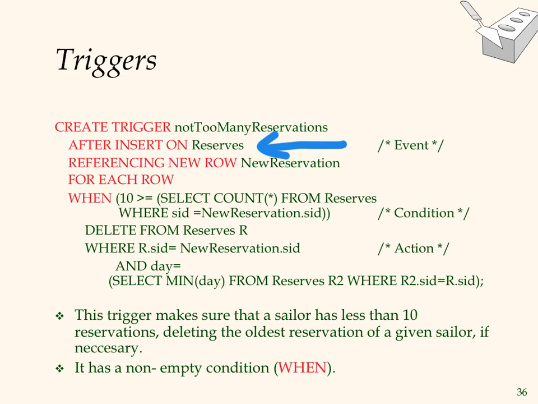So somebody has written a query that says insert the following records into reserves, and now it's going to be a row-based trigger, so it's going to go through each new row, each new tuple, and that new tuple gets a temporary name. You can choose that name, but call it new reservation, for example. So that's like a range variable.